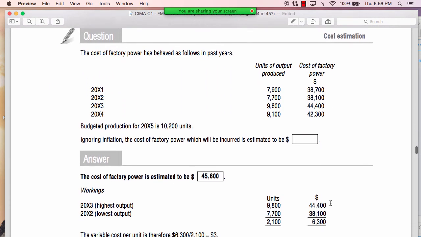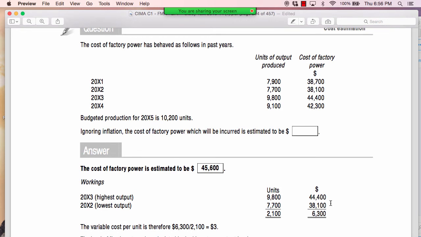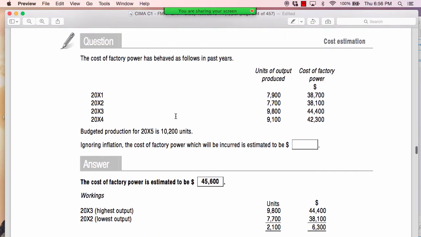Now, these are questions. In certain cases, we've got, right, this cost of factory power, right? The question is, they have given you the number of units and the cost. In this, you have got fixed and variable, but you don't know what is fixed and what is variable, right? Now you have to work out the cost of factory power which will be incurred in this particular year, 2005, for 10,200 units.